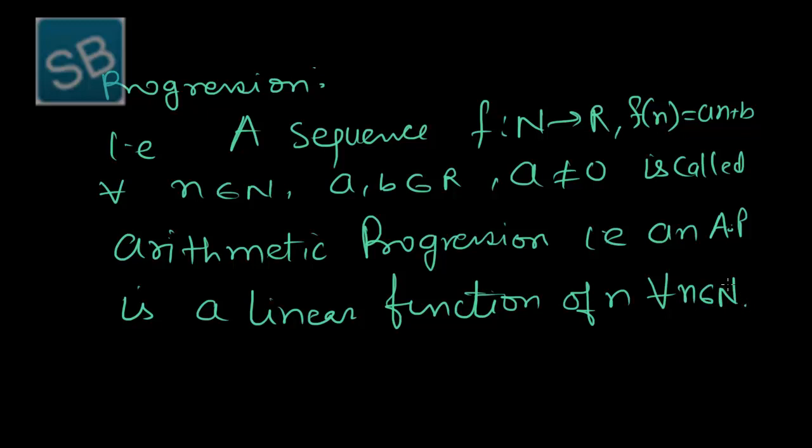So arithmetic progression is also denoted as AP in short form. If the difference between consecutive terms is constant, denoted by D, then the given sequence is called AP sequence.